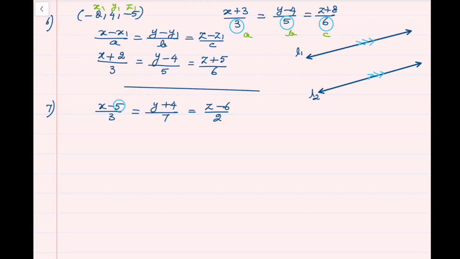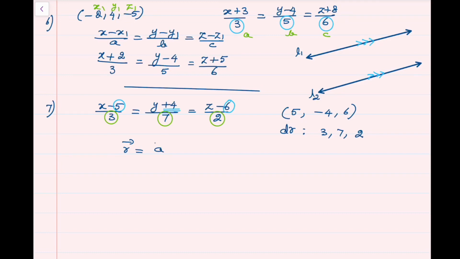From the equation of the line, we can get the point on the line from the numerators. The point on the line is 5, minus 4 and 6. And from the denominators 3, 7, 2, we get the direction ratios of the line. Let us write the vector equation of the line.